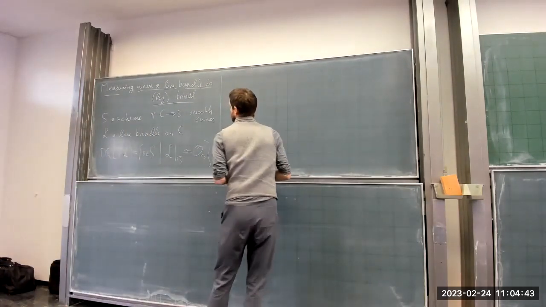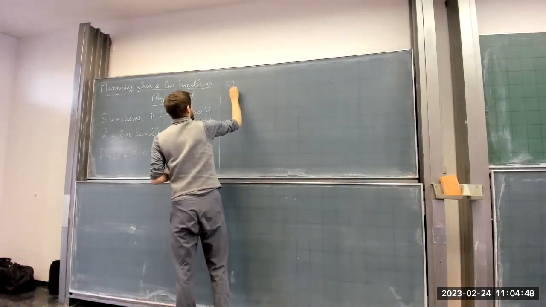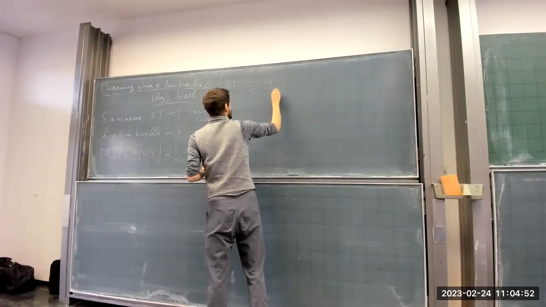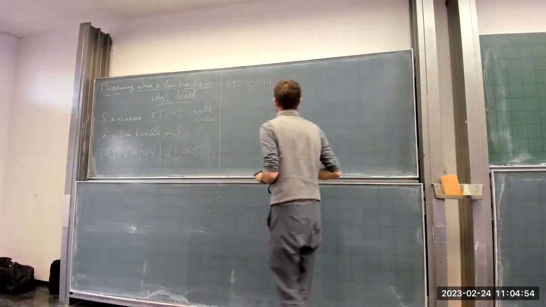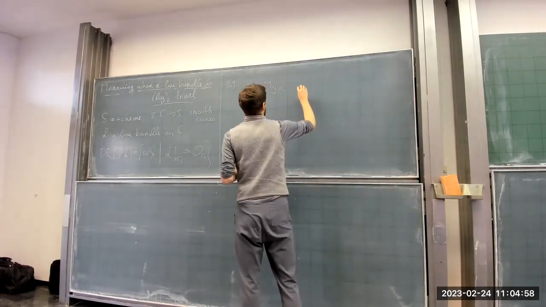There's, I mean, of course, this is very broad. You can choose any old C and S, but a classic, a popular choice is to take for S the M_{g,n}, no bar, smooth curves. C, of course, is the universal curve. And what line bundle am I going to pick?